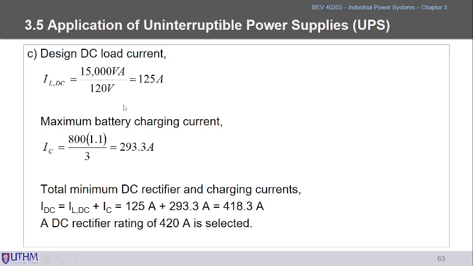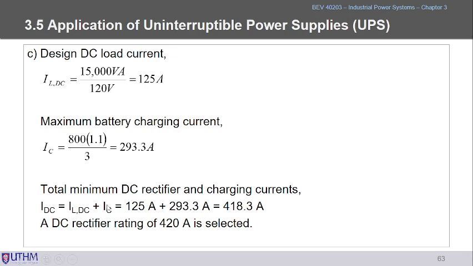And for the maximum battery charging current, this is the IC, the charging current that drains to the battery. Just now we chose the battery size of 800 ampere hour, and multiplied with the factor, divide by 3, is 293.3.